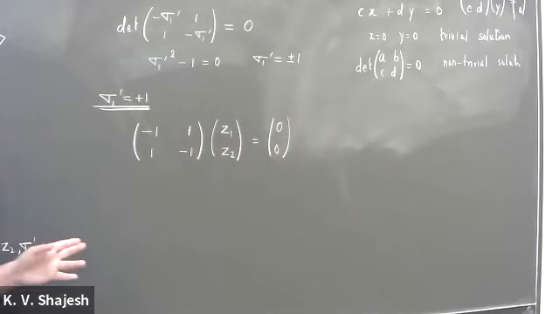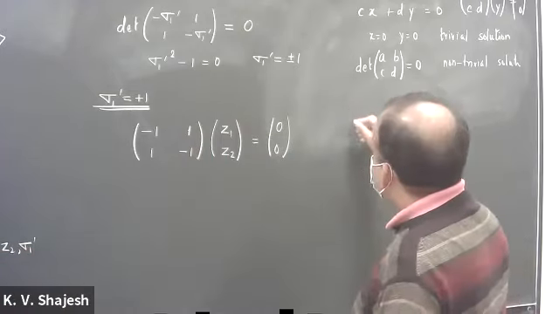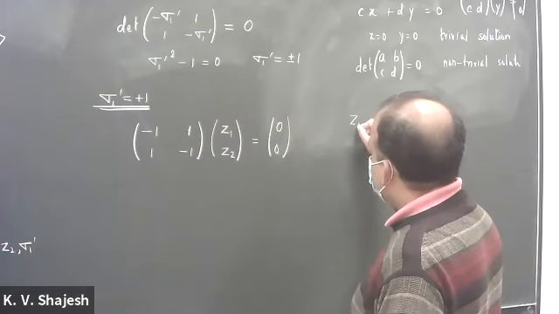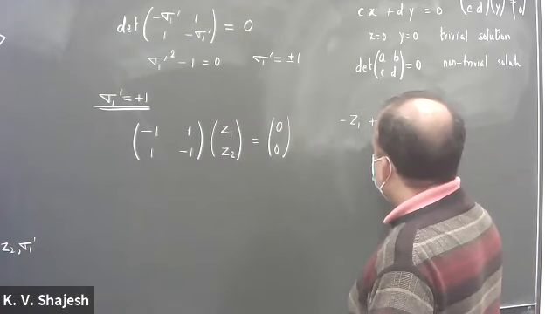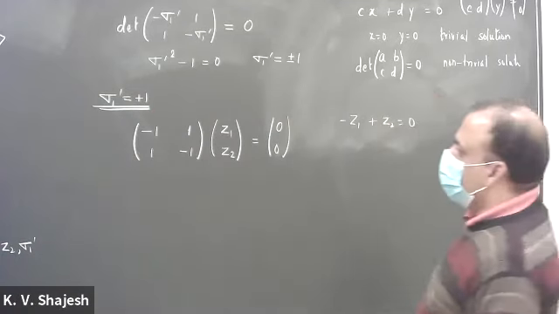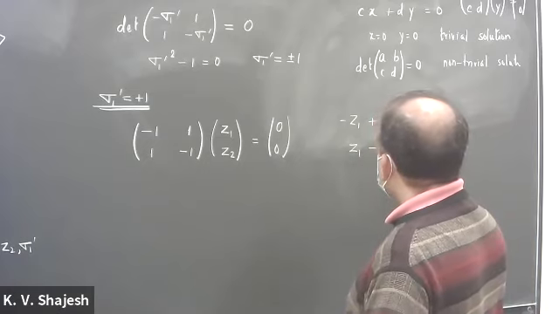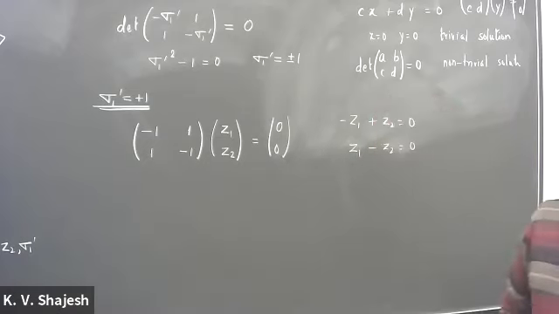This is again two equations, right? So this is minus z1 plus z2 equal to 0, and the second one is z1 minus z2 equal to 0. Are these two equations?